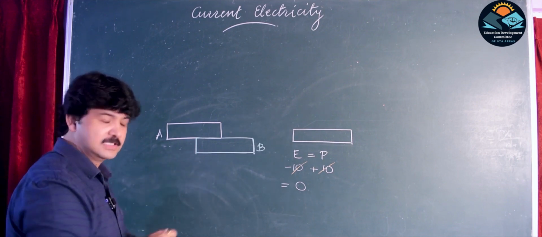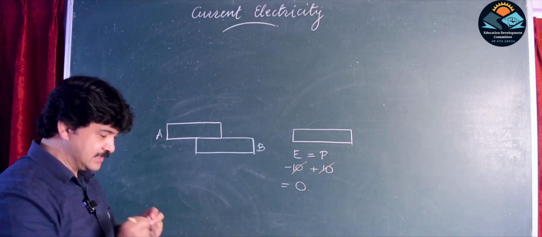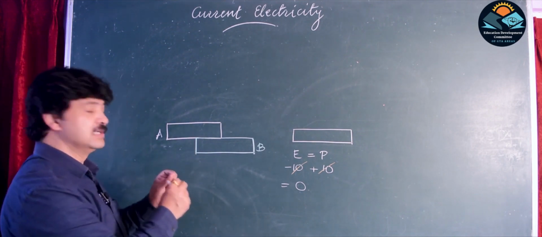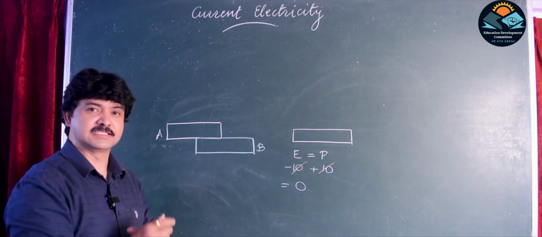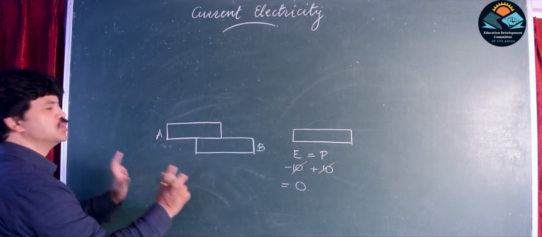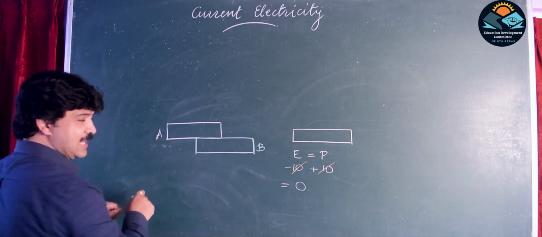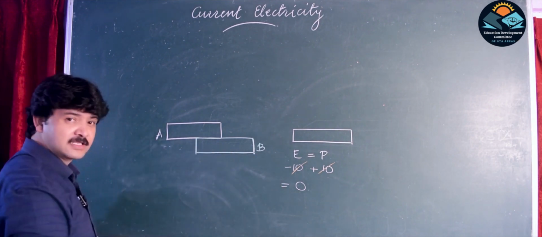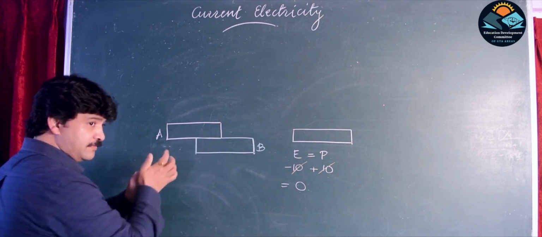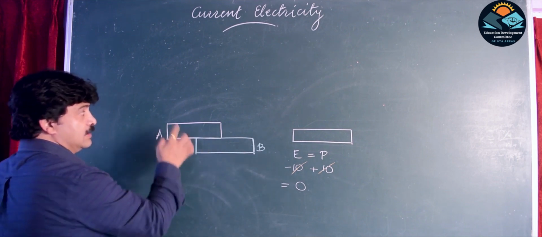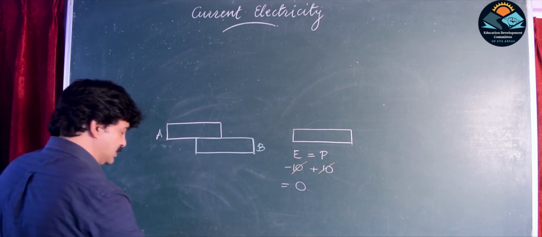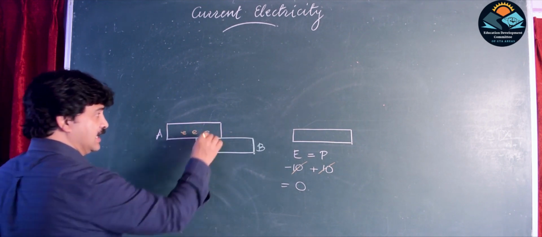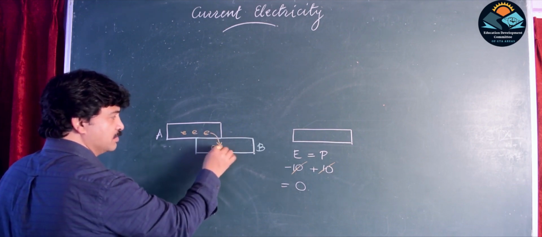All objects have the tendency to lose electrons, but that tendency is different for different substances. Let's assume that A has more tendency to lose electrons than B. Then, because of friction, some electrons from A will move to B.